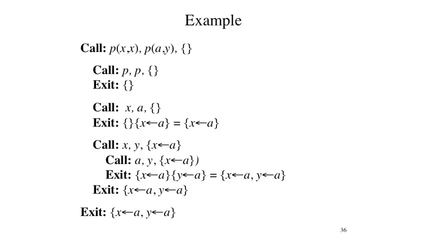In this case, we can bind y to a. We compose that substitution with the original substitution to produce the resulting composite substitution: x gets a and y gets a. And again, since we're done processing all of the sub-expressions, the substitution at this point is the most general unifier.